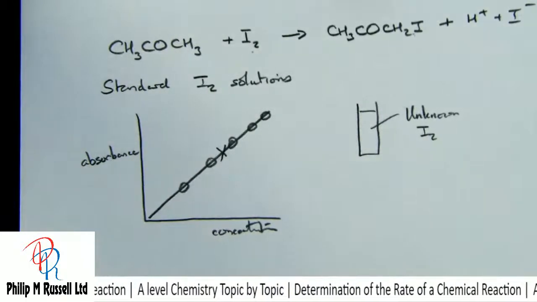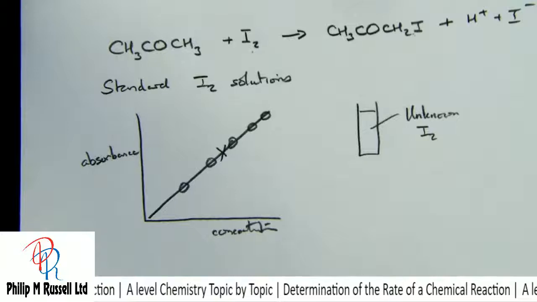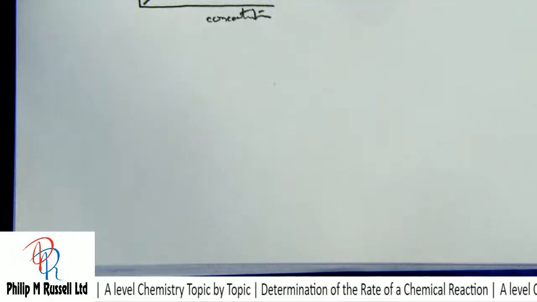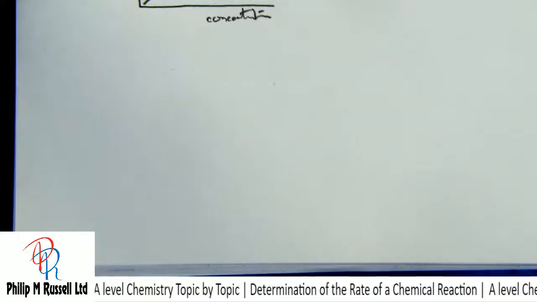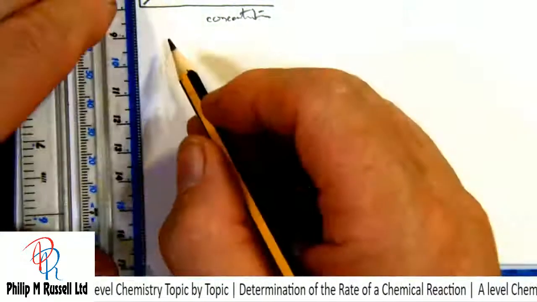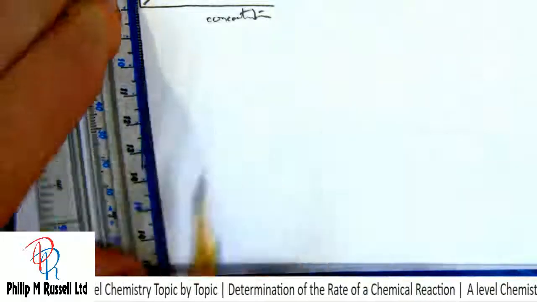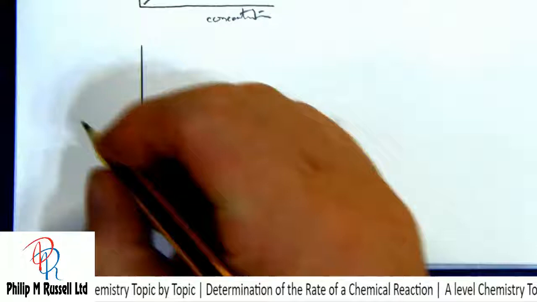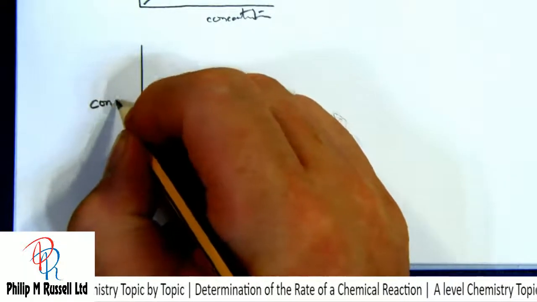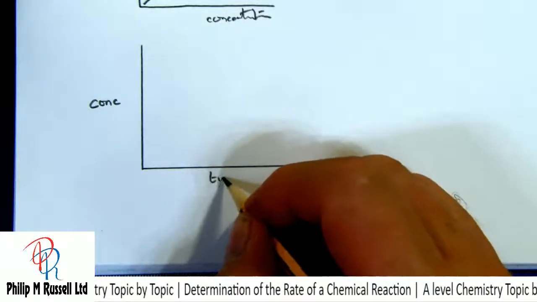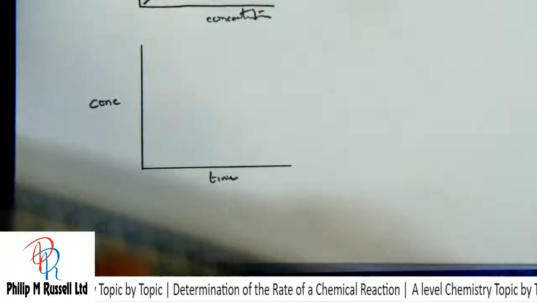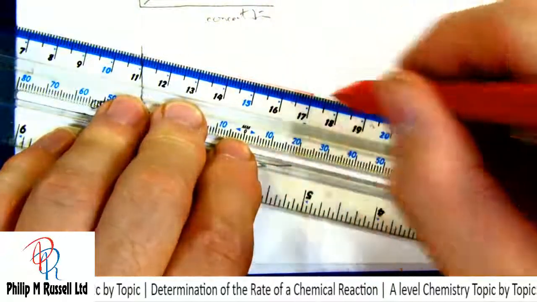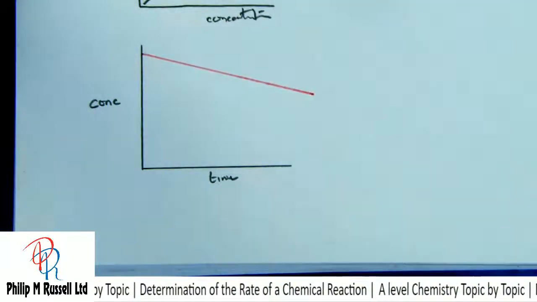If we start looking at concentration time graphs, then we get basically a couple of types to have a look at. If I measure perhaps here concentration, and I measure it against time, if I've got a zero order reaction, then it's going to look something like this.